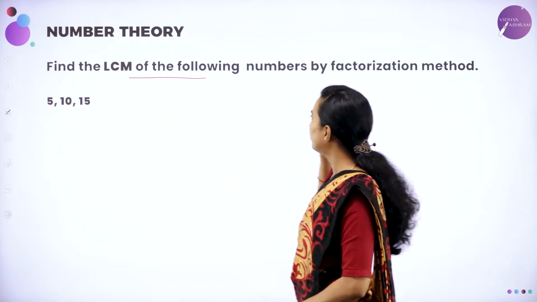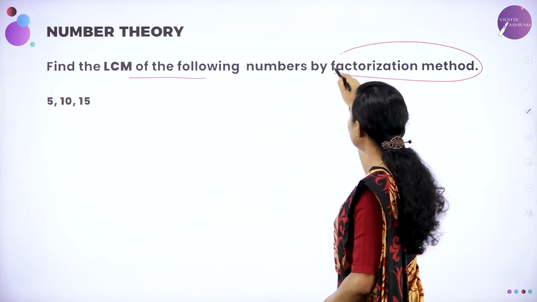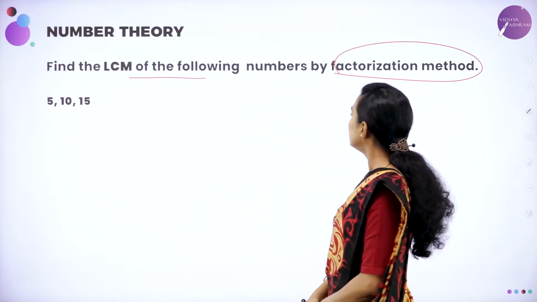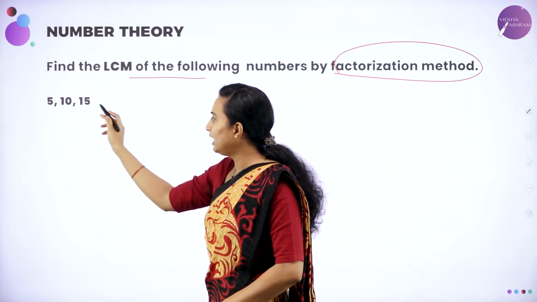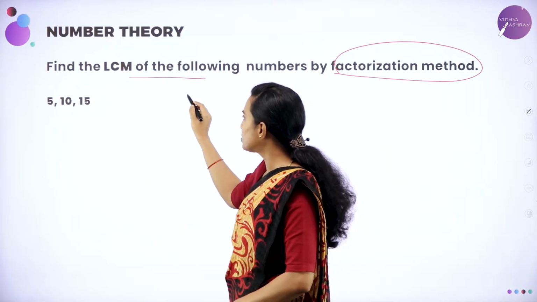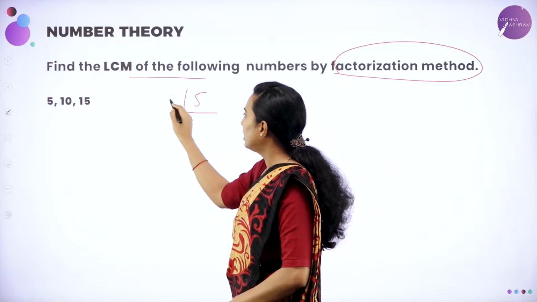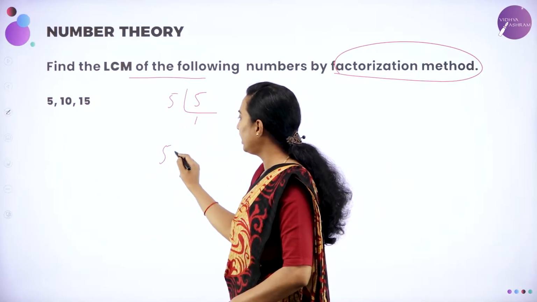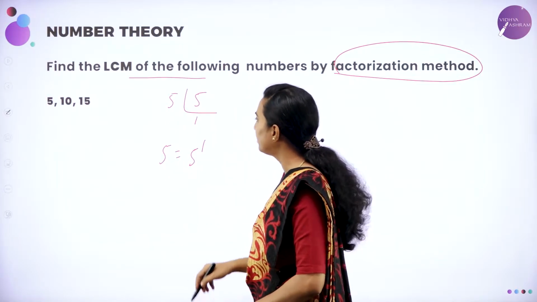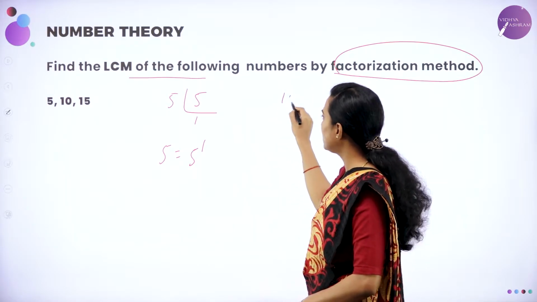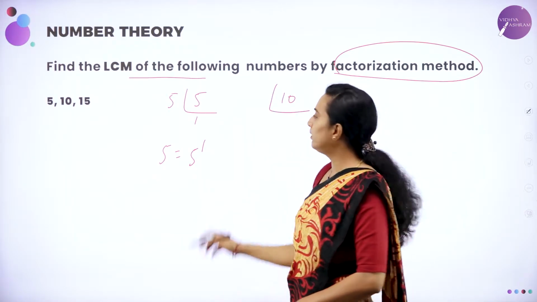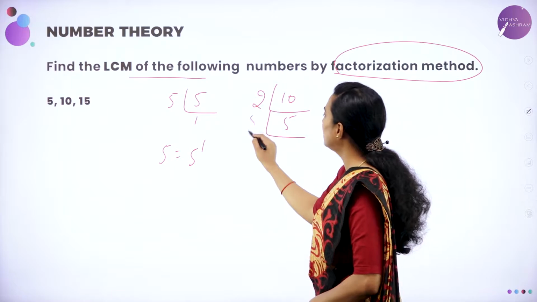Find the LCM of the following by prime factorization method. You are going to have 5, 10, 15. Let me find out each. 5 can be written as 5 1s are 5, which will be 5 power 1. Again 10 is divisible by 2. 5 1s are 5.